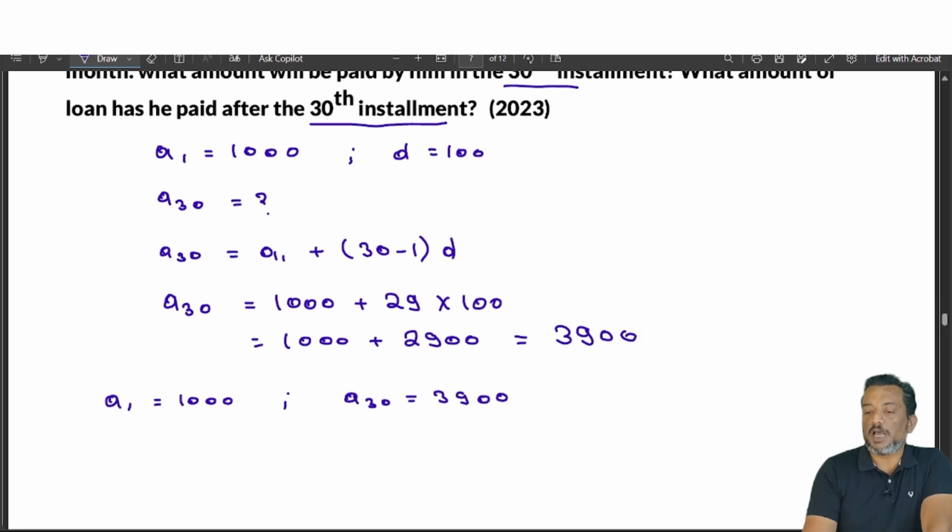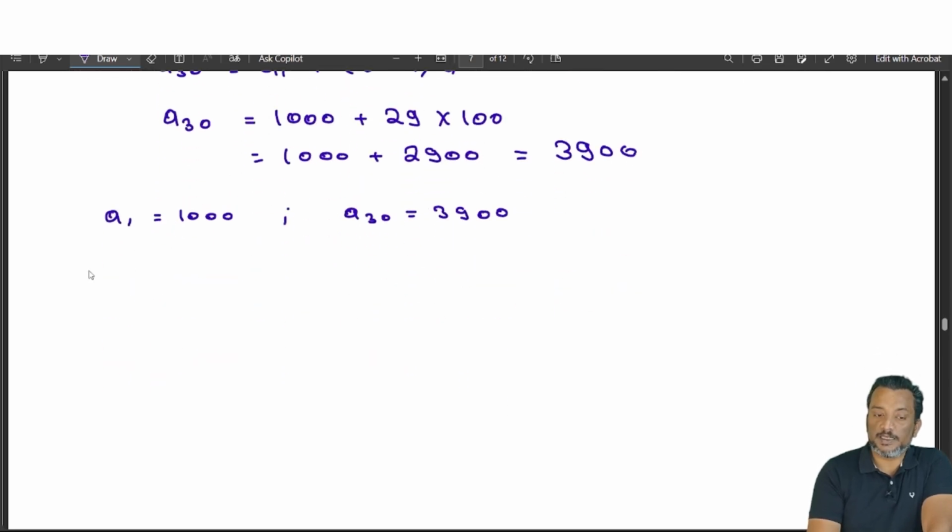Okay, now after that we can say S30 is equal to what? We can say n over 2 times A1 plus A30.